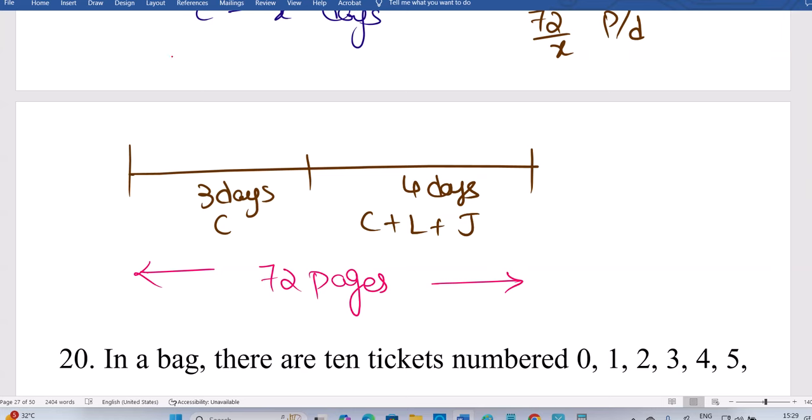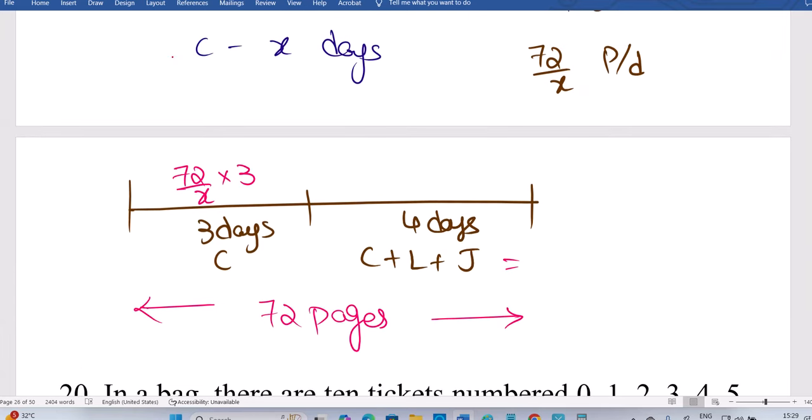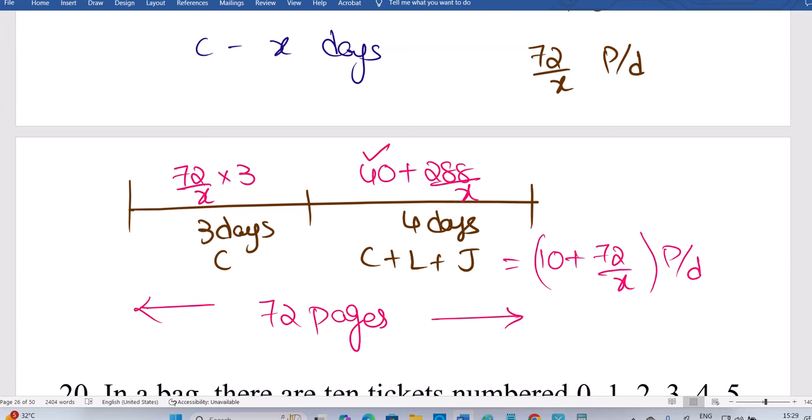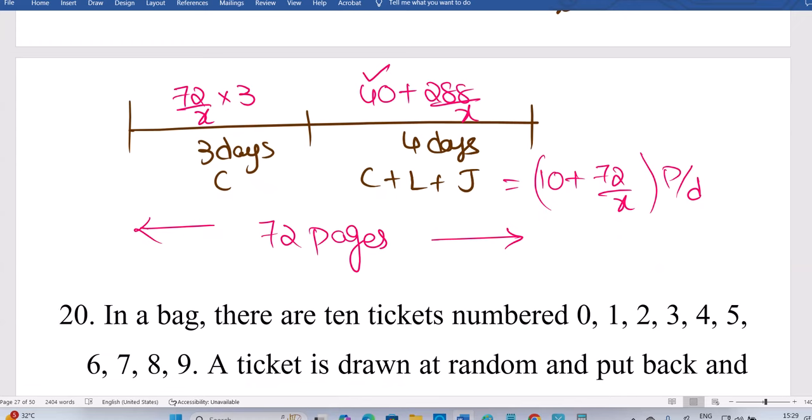Now C will type 72 by x per day, so 3 days means 72 into 3 by x. Whereas all three people together can type 6 and 4, 10 plus 72 by x per day. As it is 4 days, 40 plus 72 into 4, 288 divided by x. Adding all this should be equal to 72. Already 40, and here 72, 32 is the difference. So those two should generate 32.